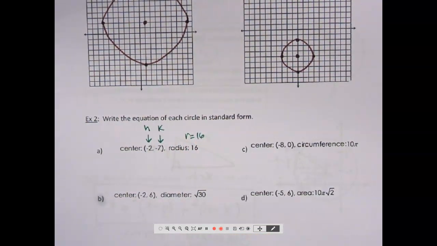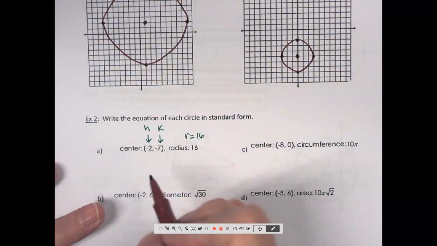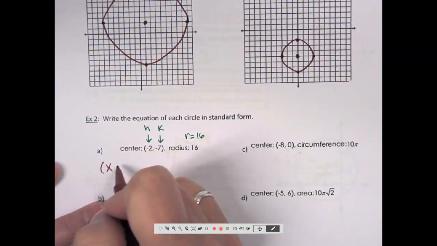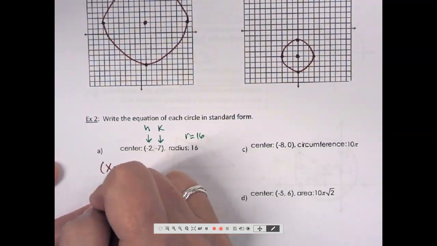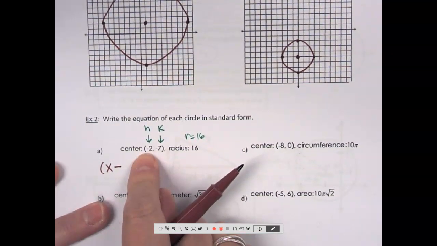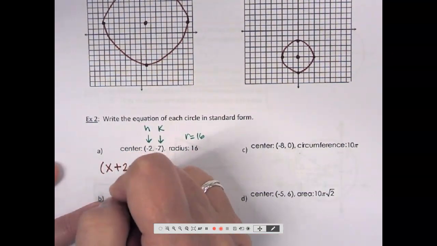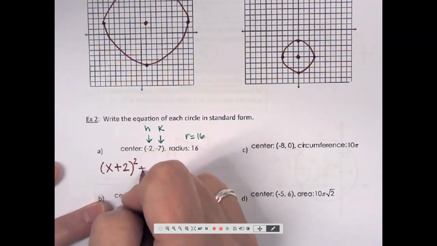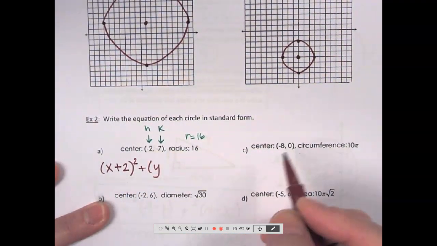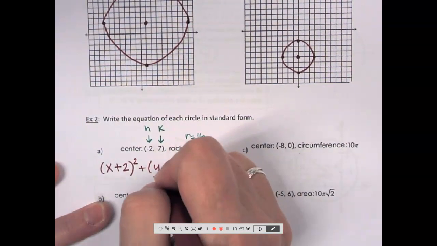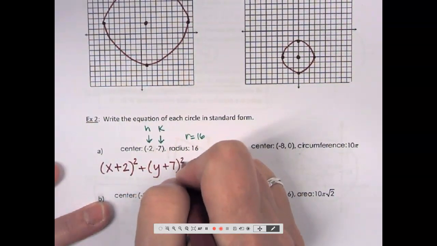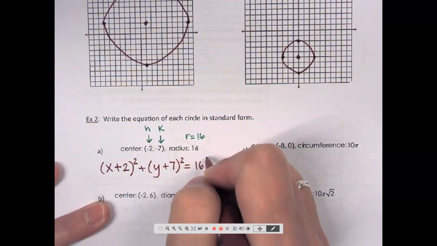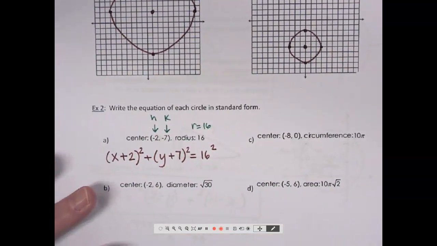Okay, so let's go back to our formula. And it says to write x minus h. But if I subtract a -2, it will become +2 squared. Plus y minus k, but if k is a -7, that will become plus, equals 16 squared.